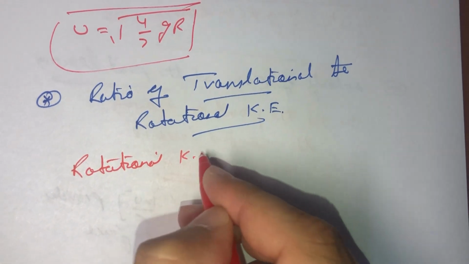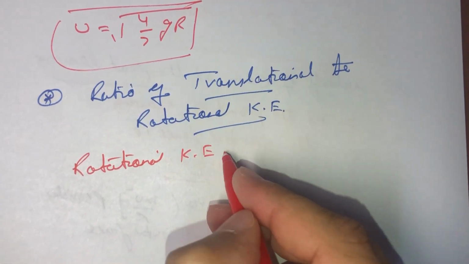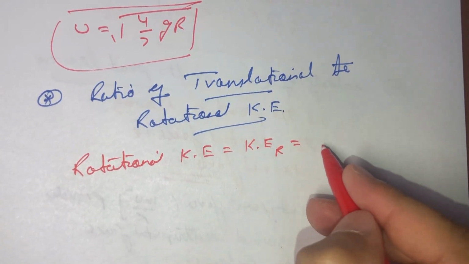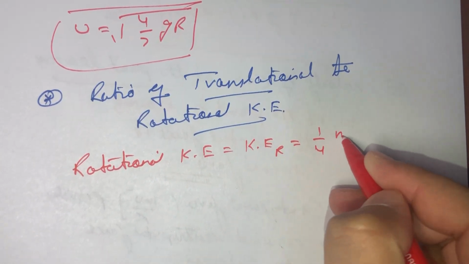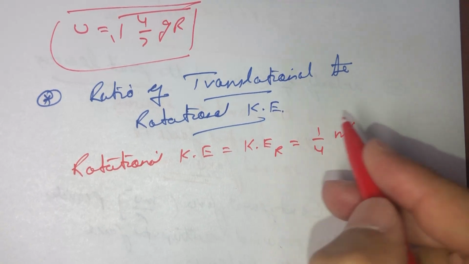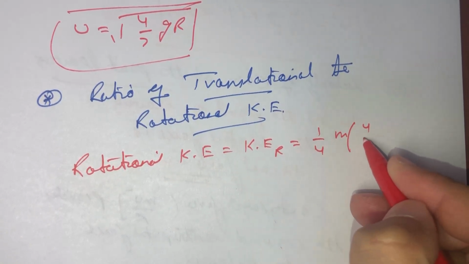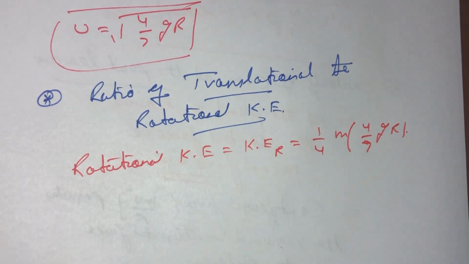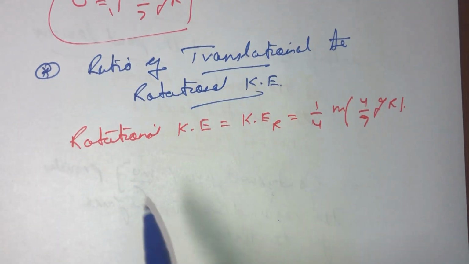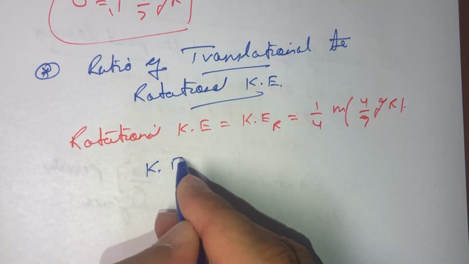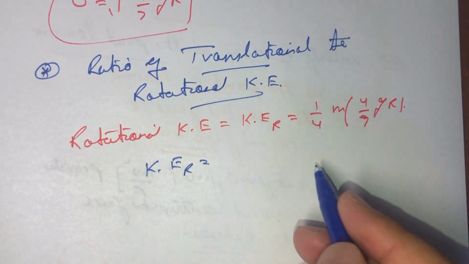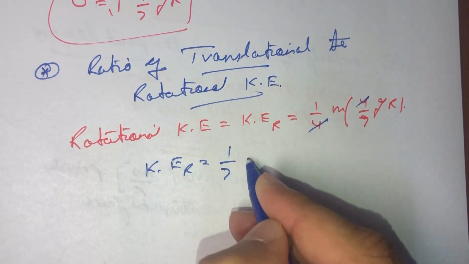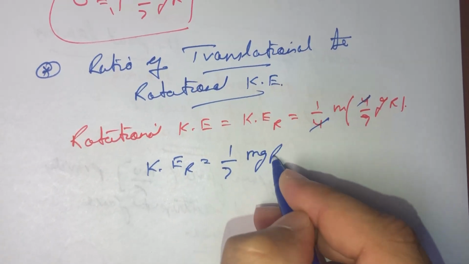Let us suppose that KER will be equal to 1 by 4 m times V square, that is 4 by 7 GR. So we get kinetic energy rotational will be equal to, 4 cancels out with 4, 1 by 7 mgr.